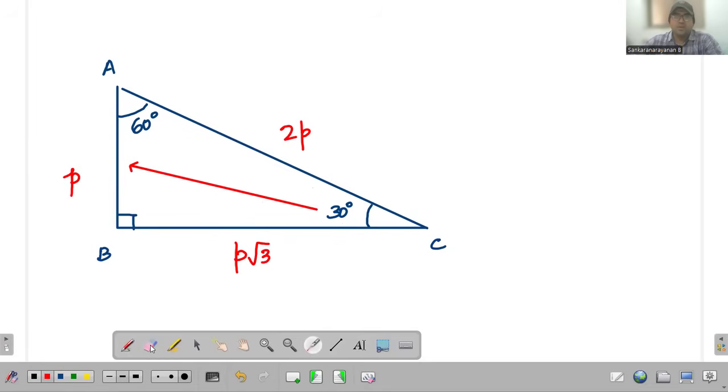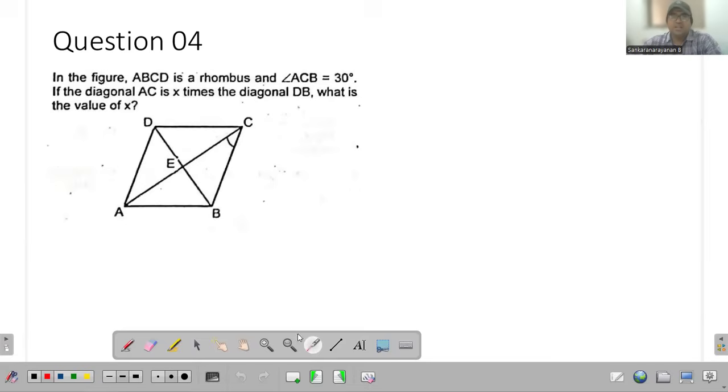So for this 30, 60, 90 triangle, this is how the sides will be oriented. Opposite to 30, P; opposite to 90, 2P; and opposite to 60, P root 3. Okay, so make a note of this. Now, with this, we will explain our fourth question.